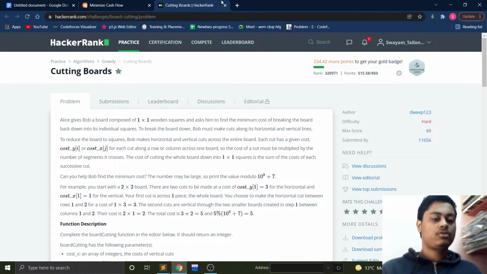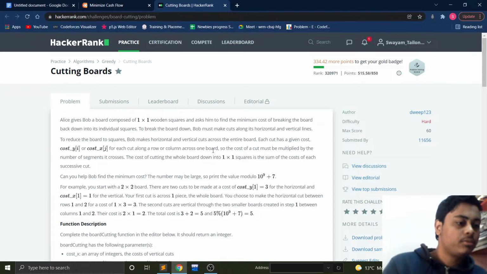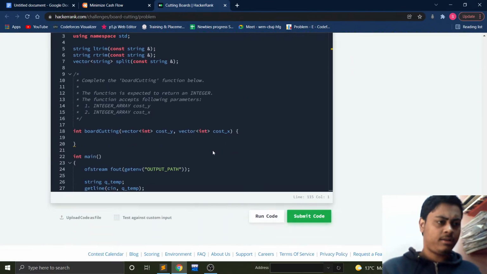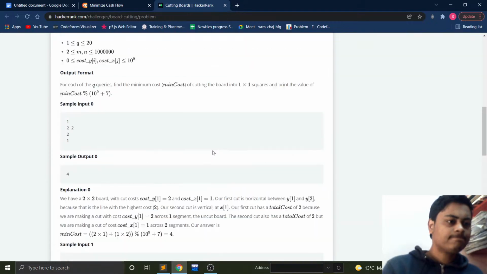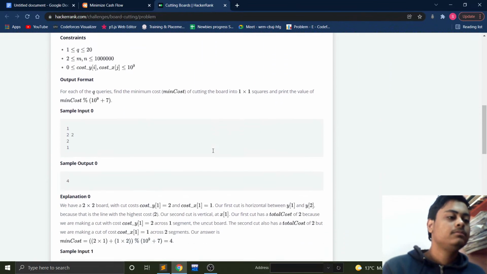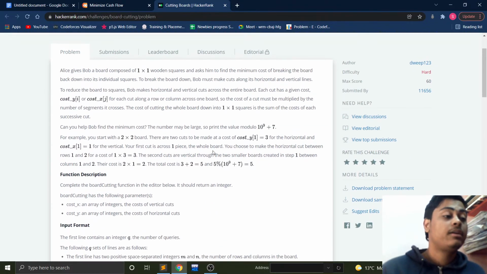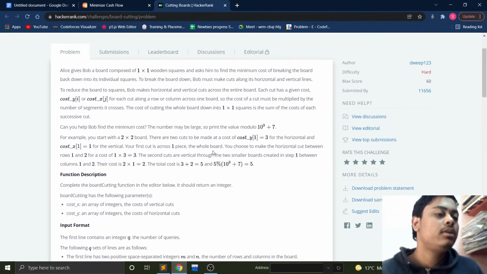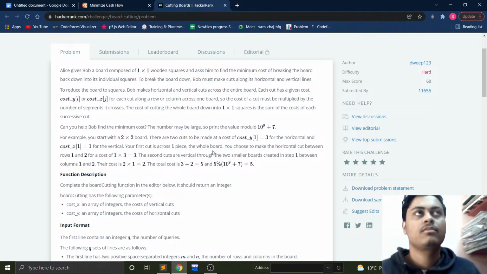Okay, so I have like a chocolate bar or something like that, I suppose. To break the board down, Bob must make cuts along its horizontal and vertical lines. To reduce the board to squares, Bob makes horizontal and vertical cuts across the entire board.